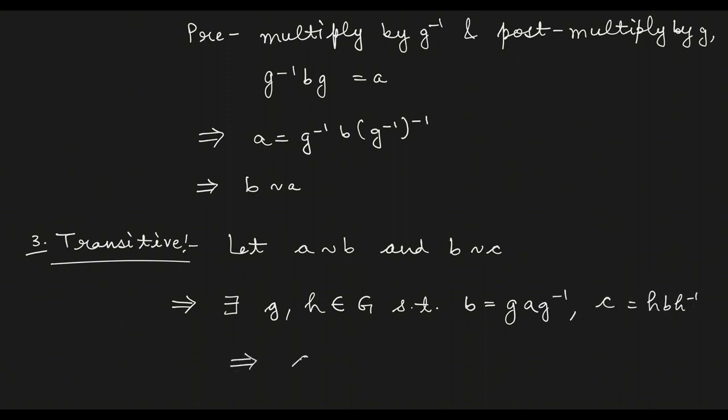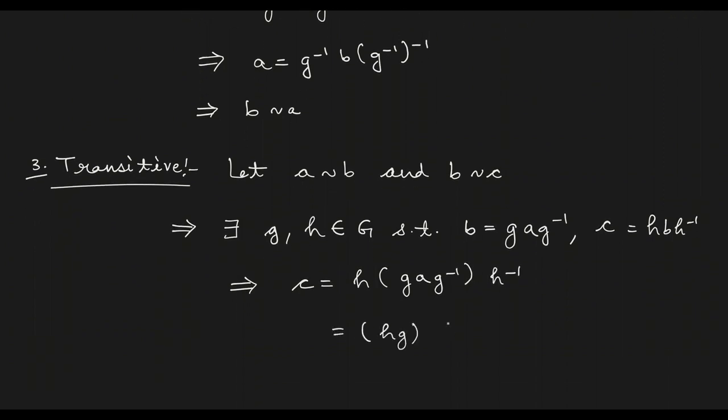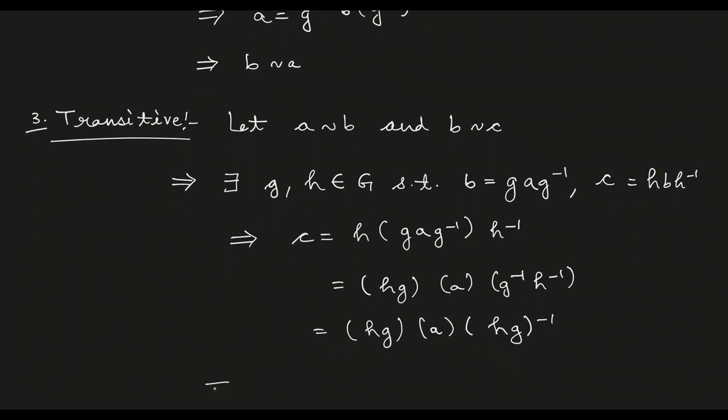So C can be written as h and B is gAg inverse, h inverse. So this will be hg A g inverse h inverse. g inverse h inverse can be written as (hg) whole inverse. So A is related to C.